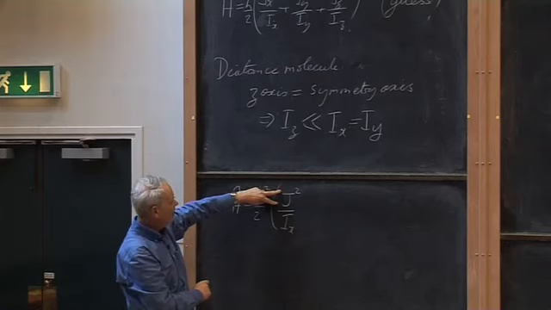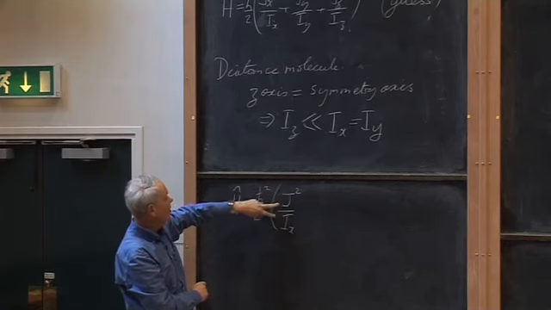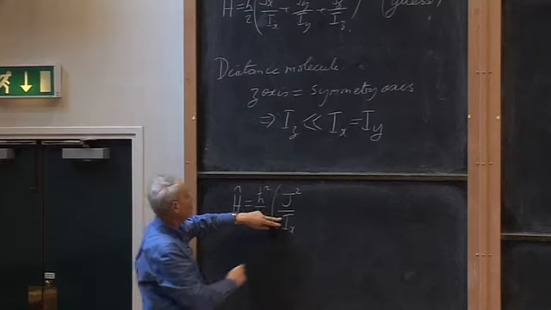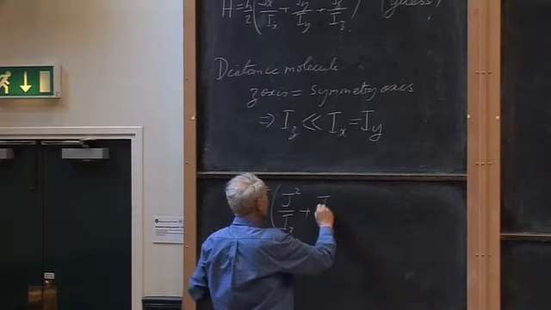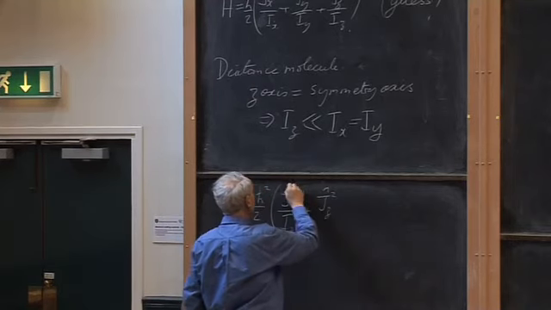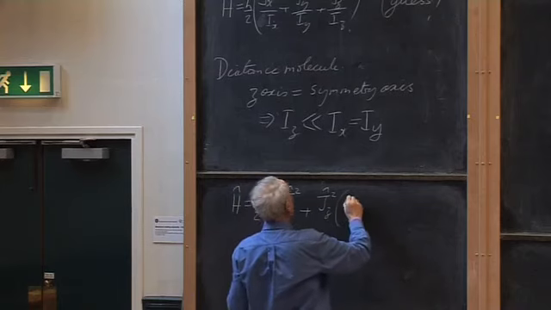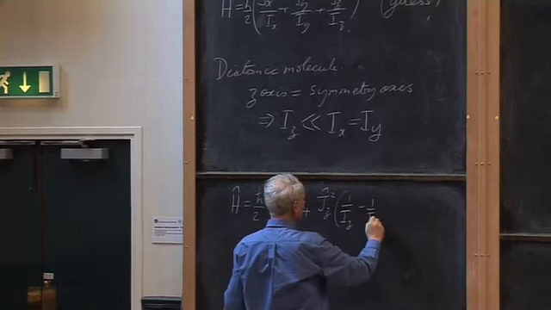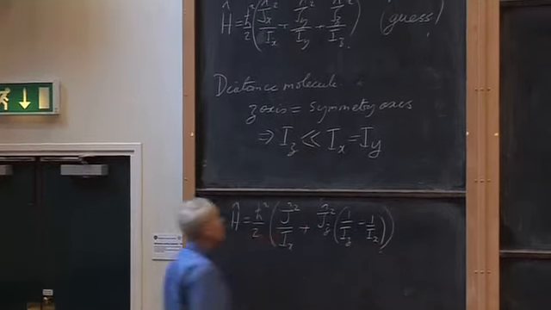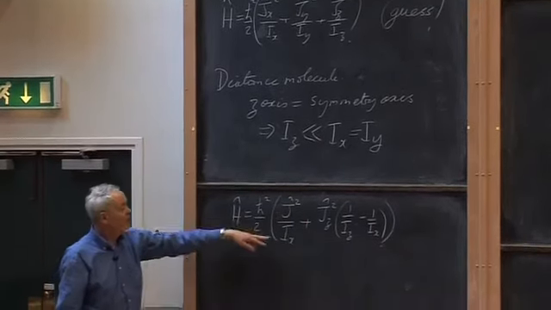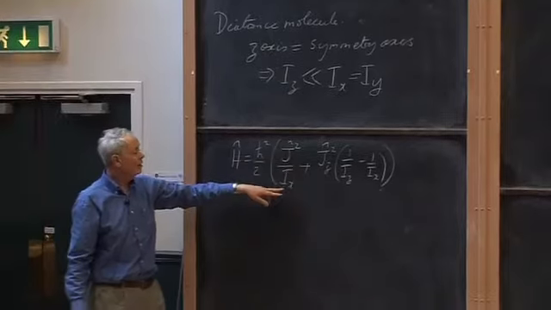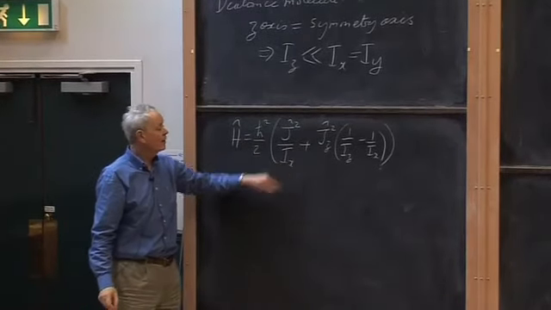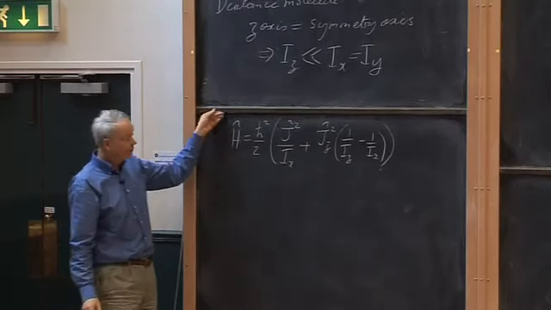I've now also got a Jz squared over Ix, which I don't really want. So I simply get rid of this with Jz squared brackets 1 over Iz minus 1 over Ix. So this is just a repackaging of that expression to group together the terms which have a common factor 1 over Ix.